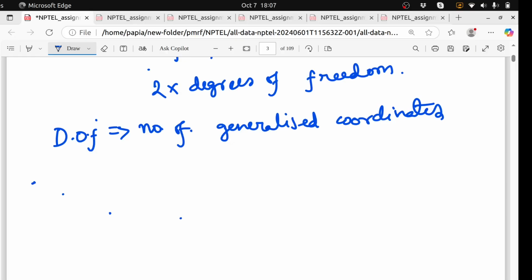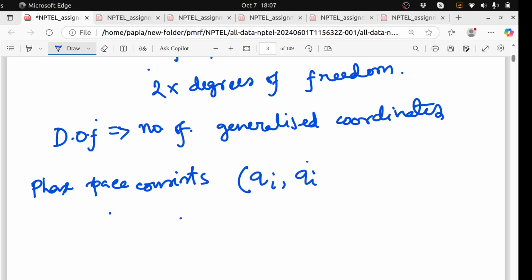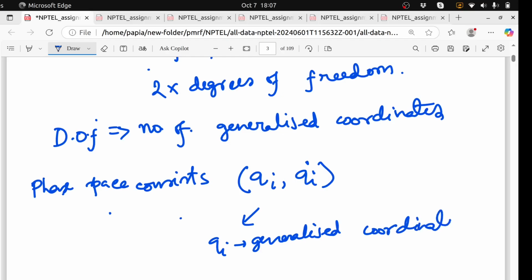And why is the dimension of phase space 2 into degrees of freedom? Because the phase space consists of qi and qi dot. Now you can see that qi is the generalized coordinate and qi dot is the generalized velocity, and these two make up the phase space.